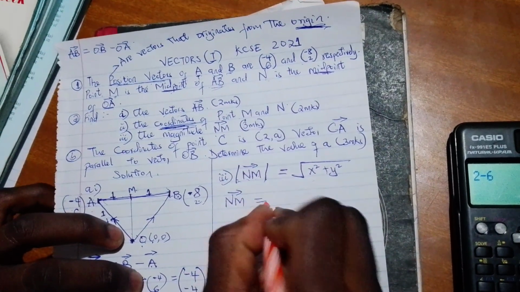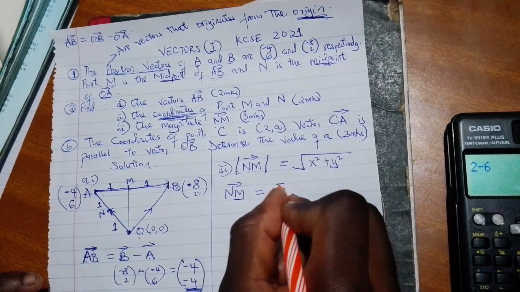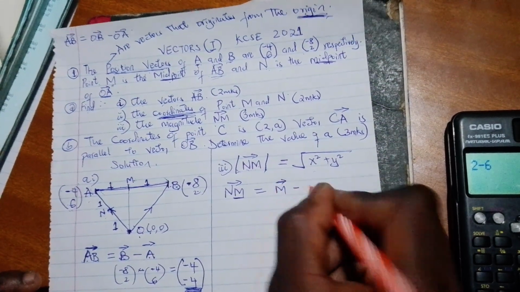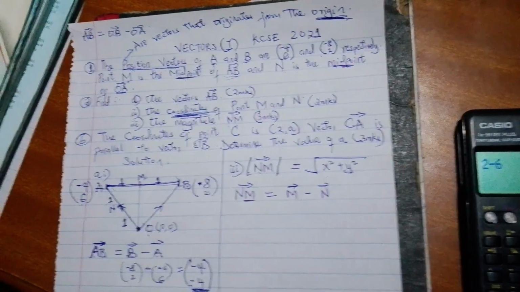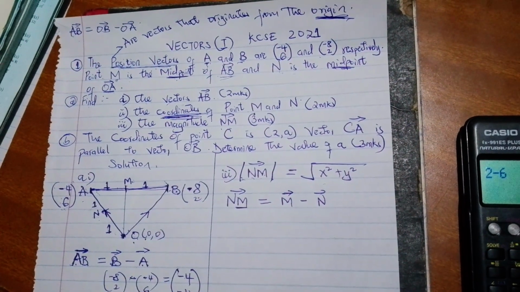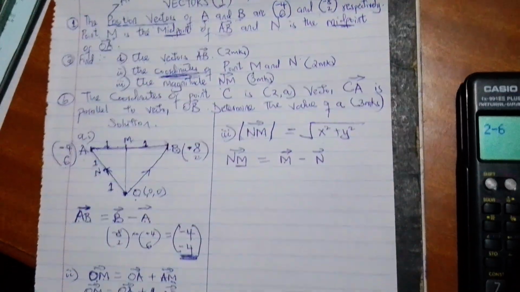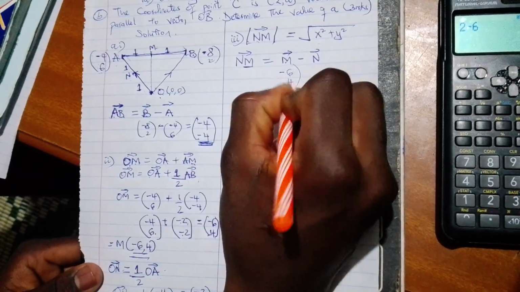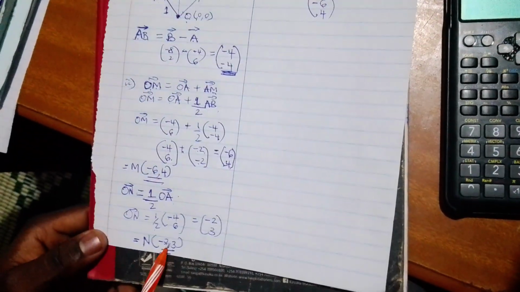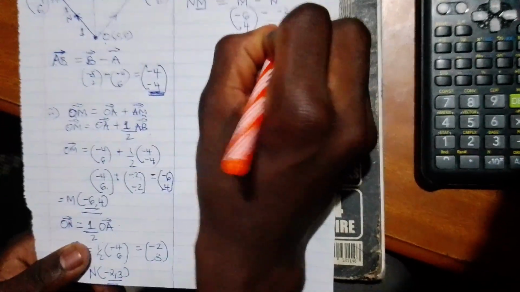NM will be the vector coordinates at M, the second place, minus the vector coordinates at point N. Move with me. It's a step-by-step procedure. Very, very important. So M is negative 6, 4, minus N, negative 2, 3.